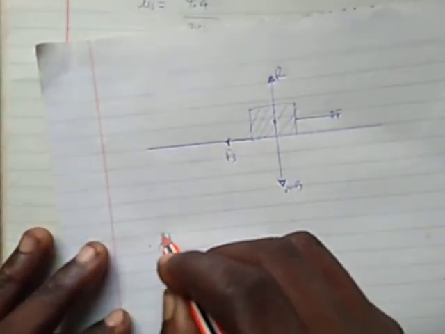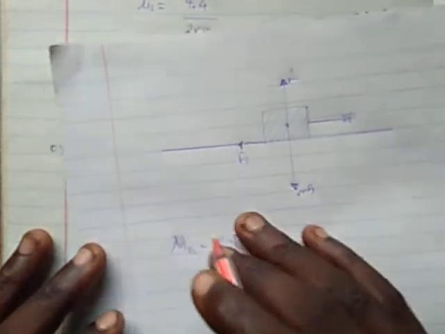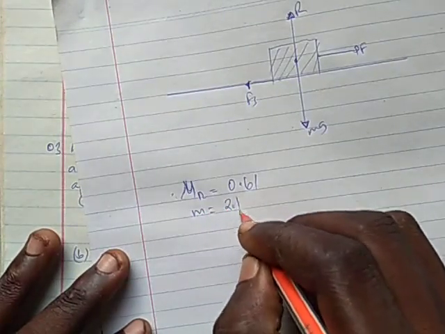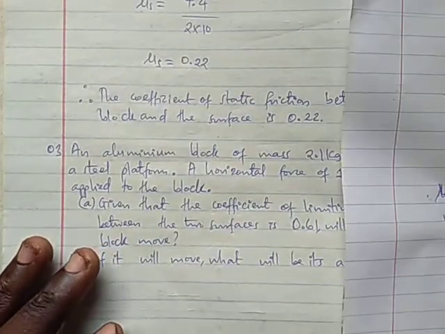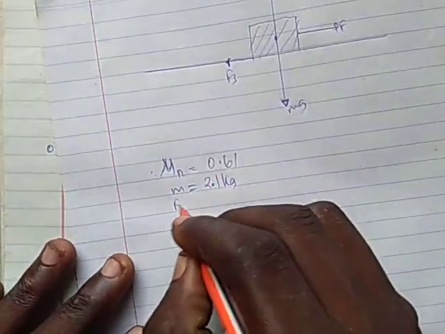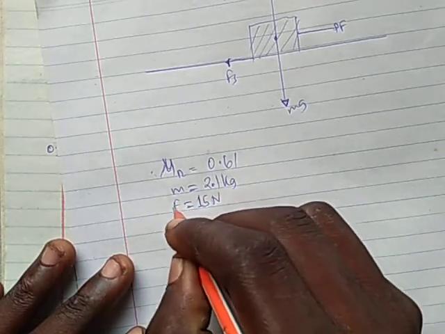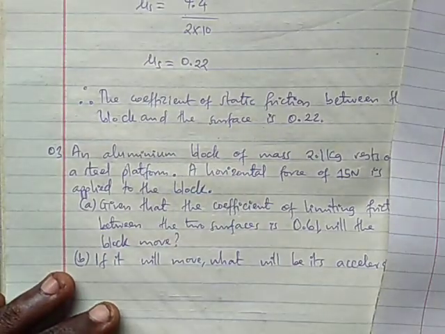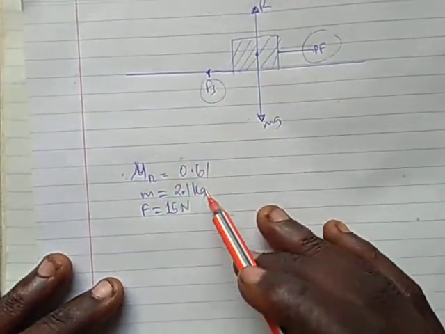So manake tumepewa mu limiting ni sawa na 0.61, and the mass of block we know ni 2.1 kg. But also we know about the force ambayo ni sana 15 Newton. From there tutaangalia kwamba huyu force atakayekuwa applied ata exceed huyu hapa.